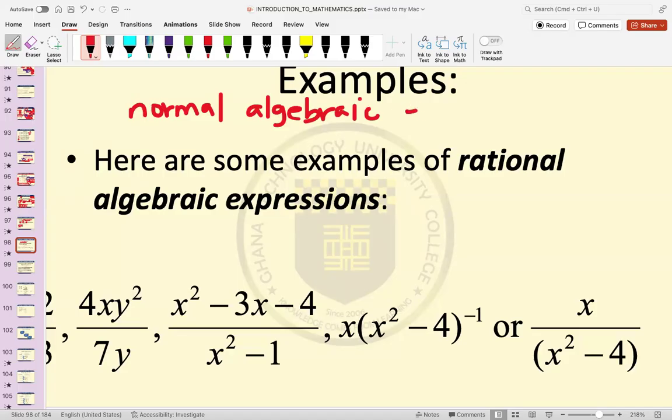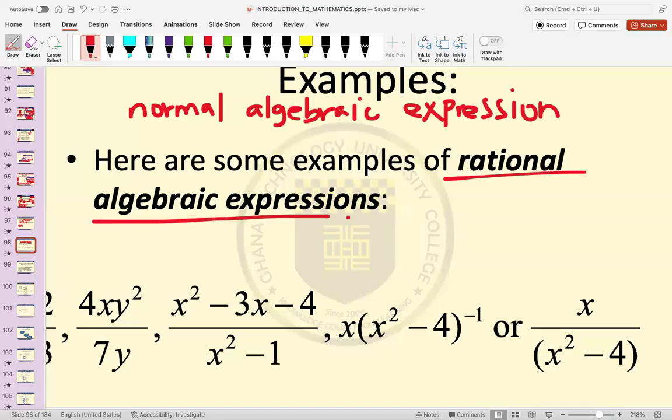Today we want to learn a different type from what we have done. What we want to learn today is about rational algebraic expressions. It is totally different from what we learned last week, called the normal algebraic expressions.